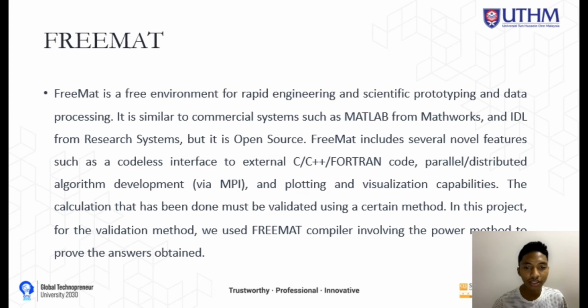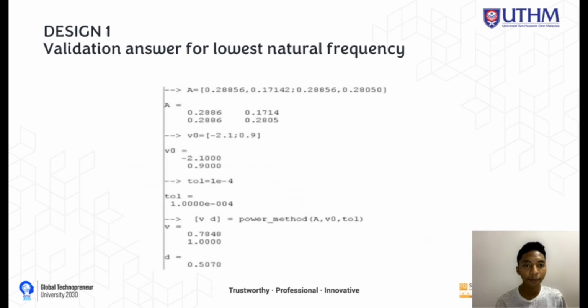The calculation that has been done must be validated using a certain method. In this project, for the validation method, we use the FreeMat compiler involving the power method to prove the answer obtained. So for design 1, this is the validation answer for the lowest natural frequency. So we got the answer 0.7848.